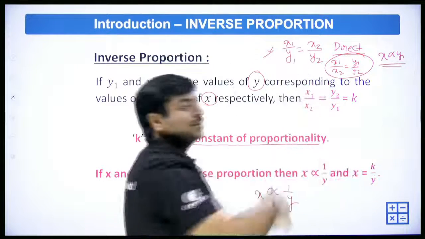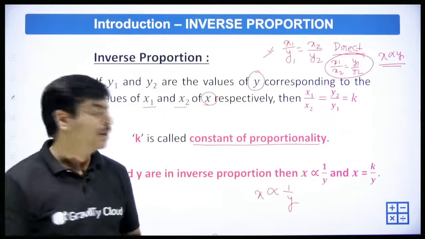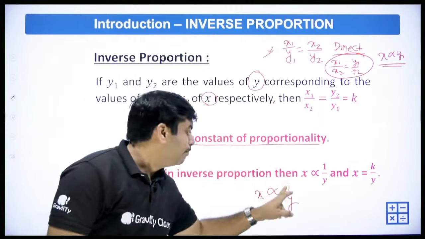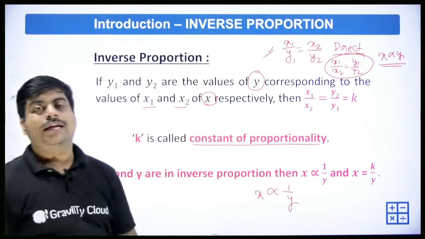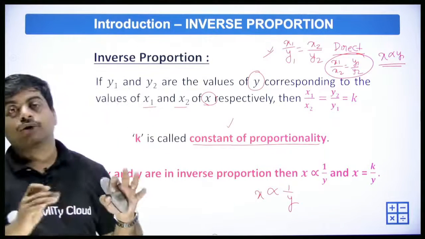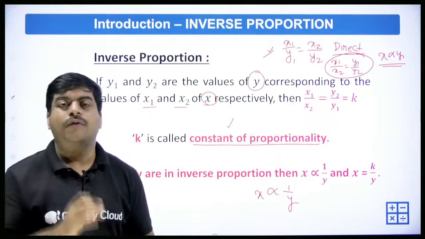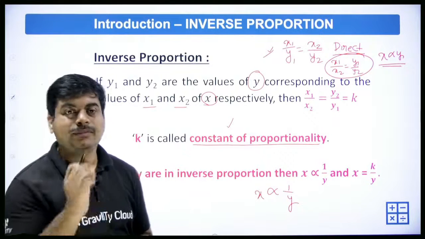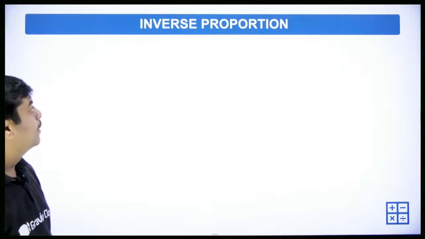But here, as we are talking about inverse proportion, we say x is proportional to 1 by y, or we can say x is equal to k by y, where k is called the constant of proportionality.